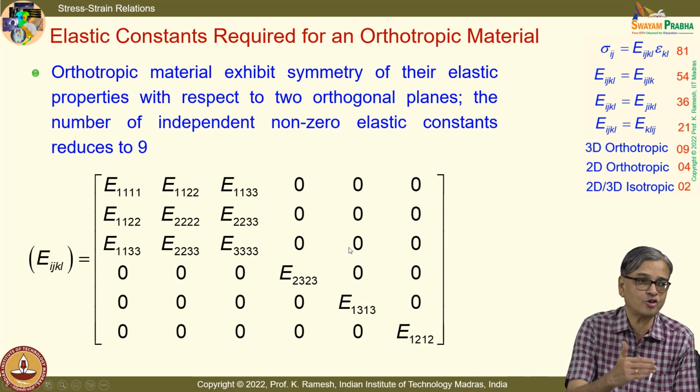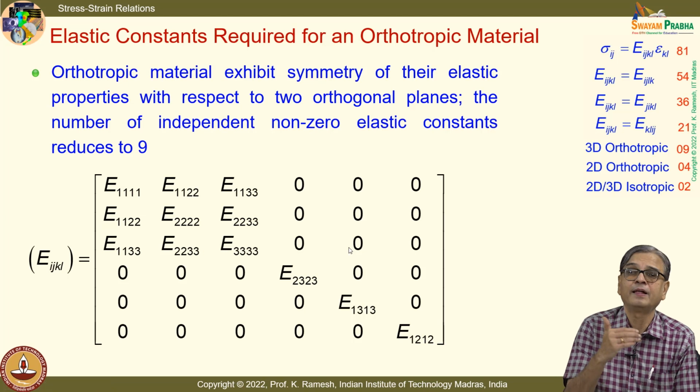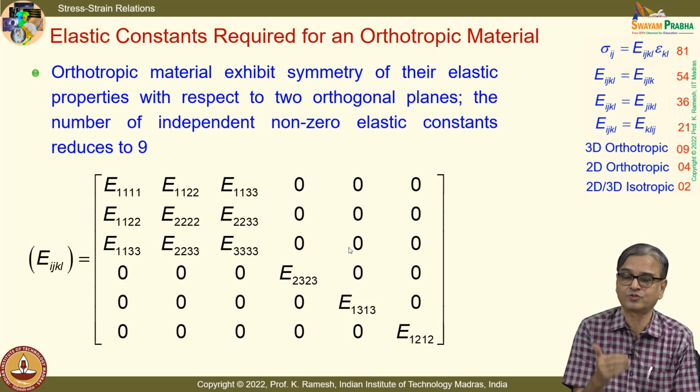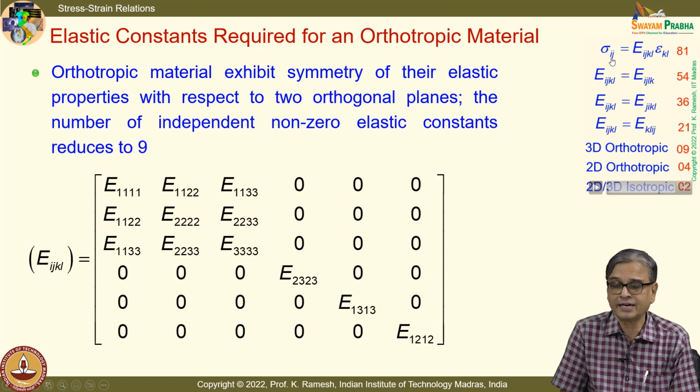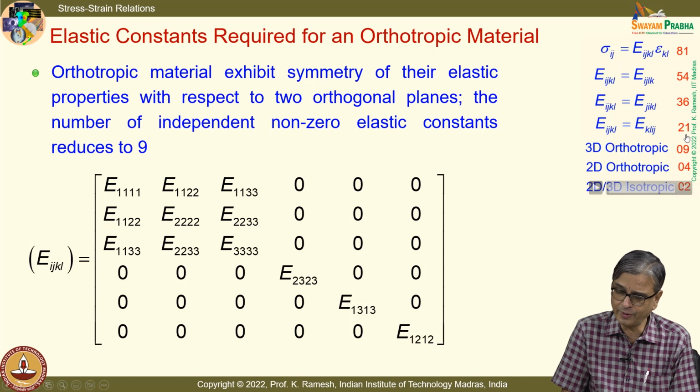That is how you get it. So you extend this argument, and a material will have only a few elastic constants. So what you have is that an anisotropic material, with the discussion that the stress tensor and strain tensor are symmetric, and also bringing in the thermodynamical condition, reduces to 21.